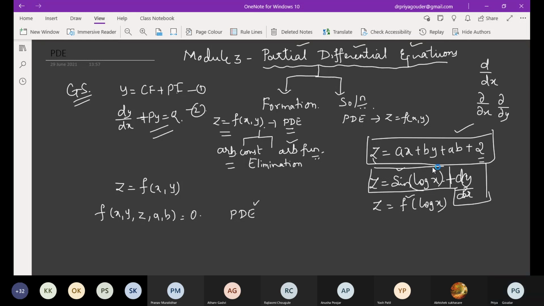Which mathematical operation should be applied so that differentials will be introduced? Isn't it differentiation?